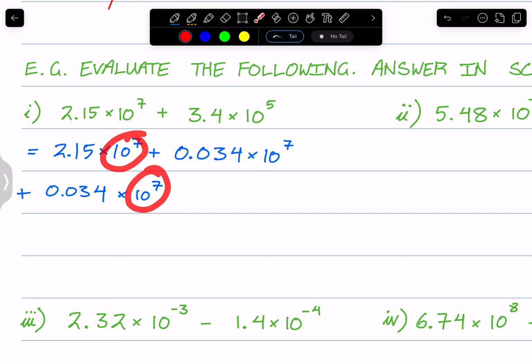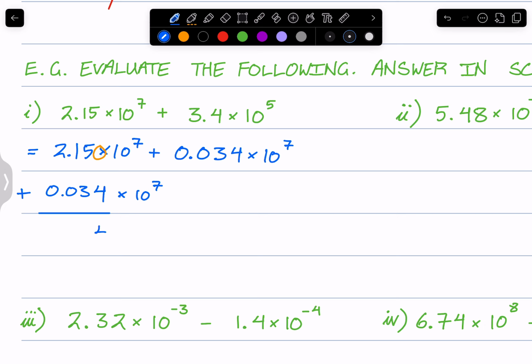Since they are both the same power, we're confident that when we add the digits, it is the appropriate place value. I'm going to put an imaginary 0 behind the 5 because it's going to be 0 plus 4 gives us 4. 5 plus 3 gives us 8. 1 plus 0 is 1.